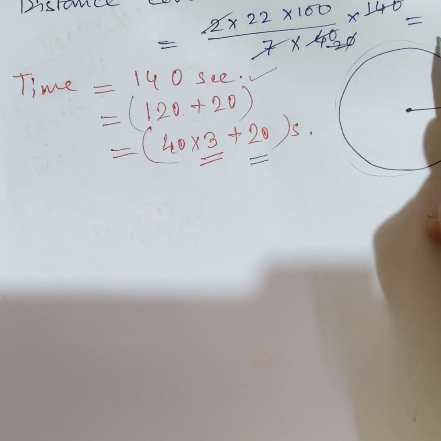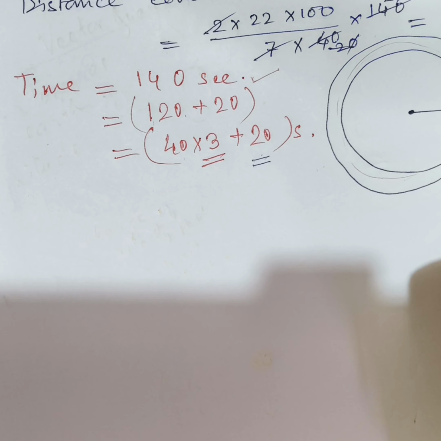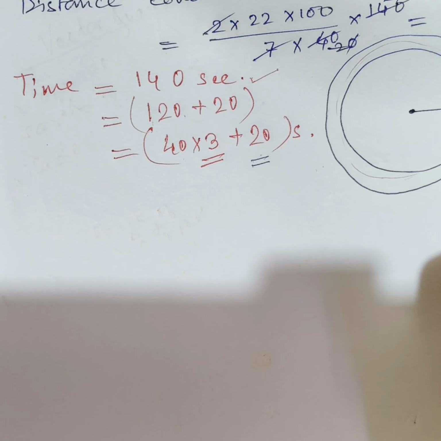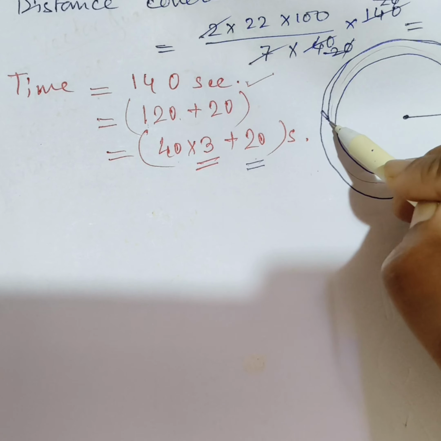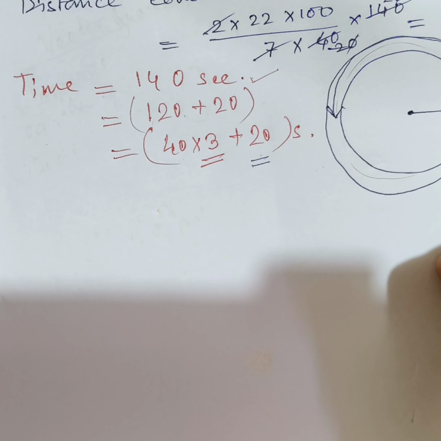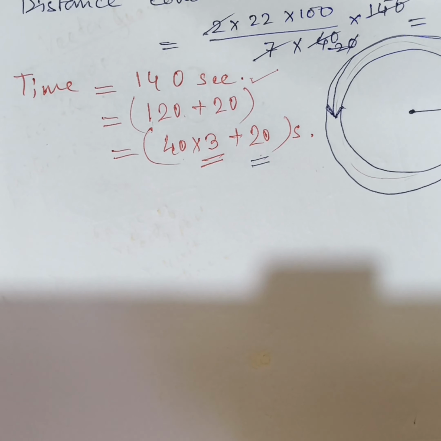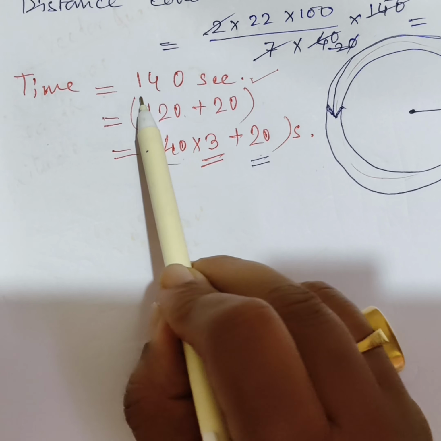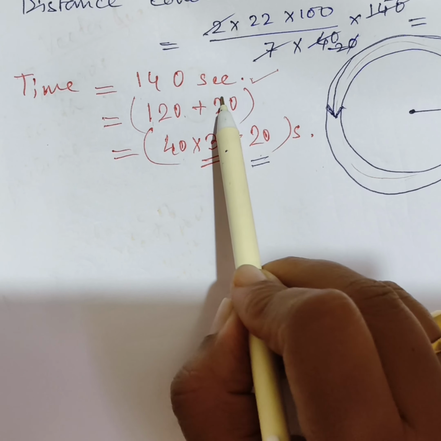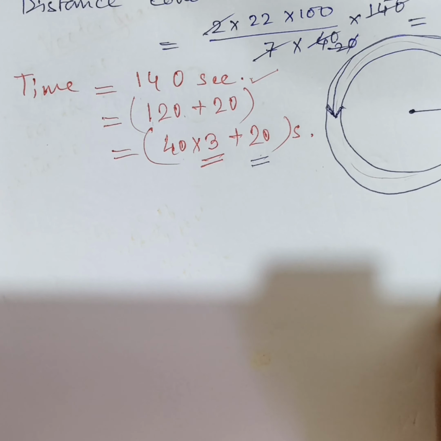So if one complete round takes 40 seconds, then for the next 20 seconds he will cover, say, half of it. You will start from here and finish it here.